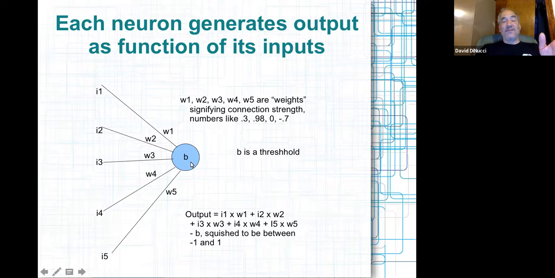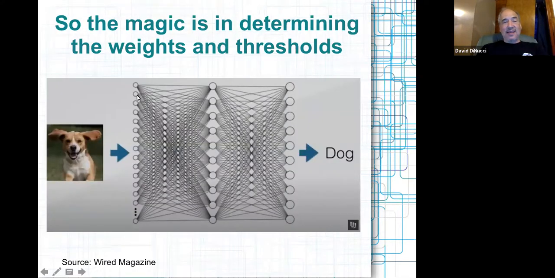If the sum of these weights times the signals is greater than the bias, then this neuron can be considered to have fired or produced an output. And really, that's all that's happening in this thing.